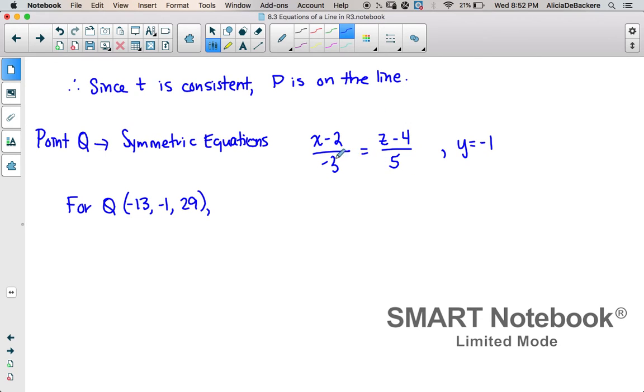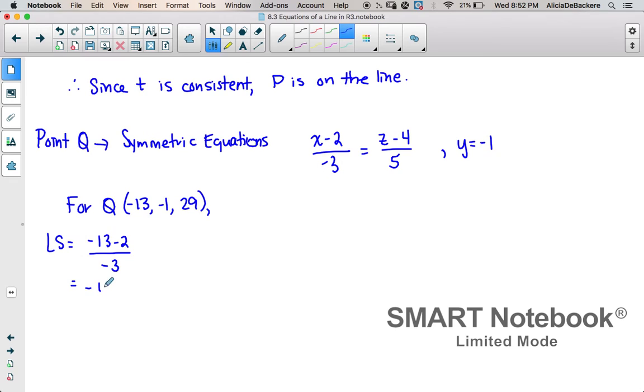Now, since I don't know if it is actually going to be equal when I sub these numbers in, I have to separate the left side from the right side and then show that they're both equal to each other. So if you don't know that they're equal when you're subbing in, you have to separate. So on the left side, I've got x minus 2 divided by -3, so our x value is -13.